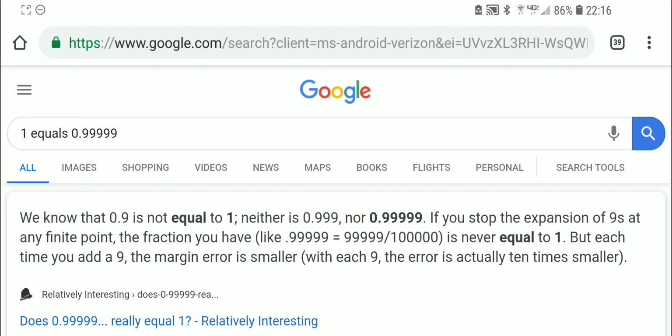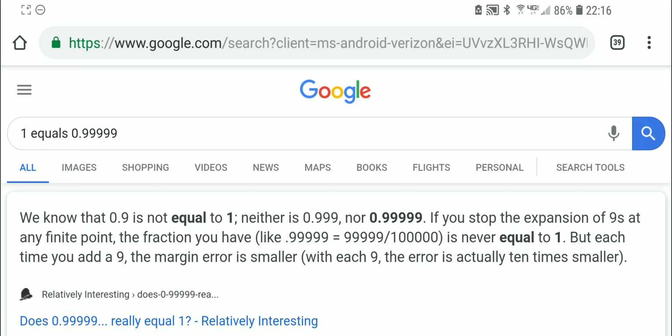Hello. So I'm going to discuss a question that's out there, which is actually kind of important. The question of whether 1 equals 0.9 repeating.